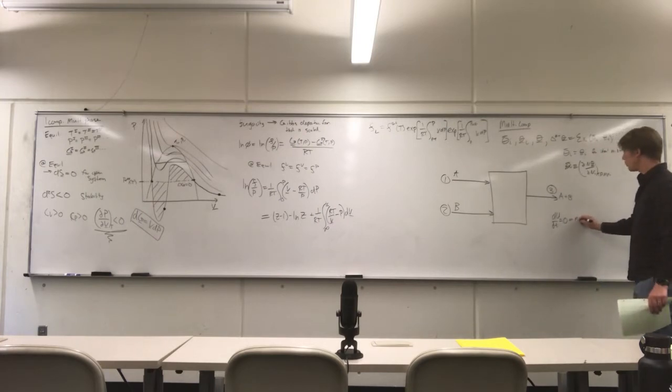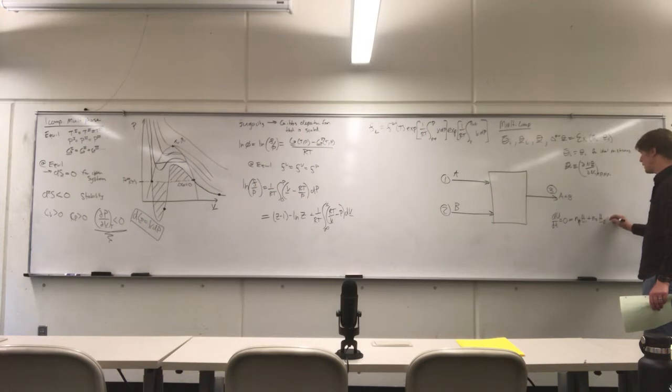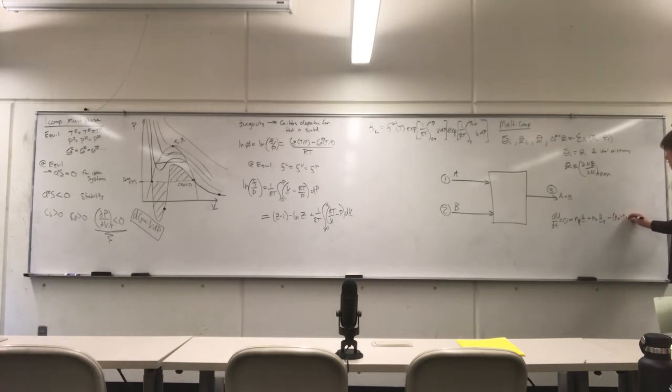It's going to be equal to the flow rate of A times the enthalpy of stream 1 plus the flow rate of B times the enthalpy of stream 2, minus the combined flow rate times the enthalpy of stream 3. That's it, right? Because it's an adiabatic mixture, no work, no heat going on in the process.